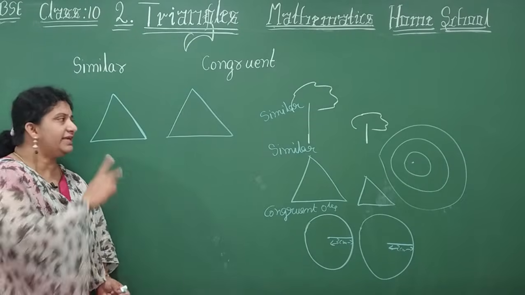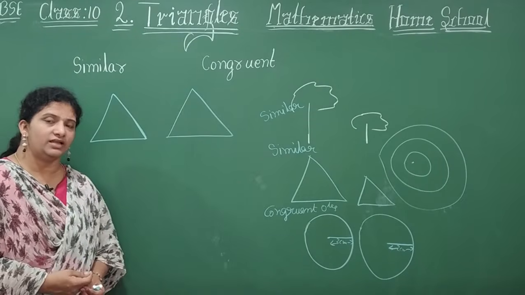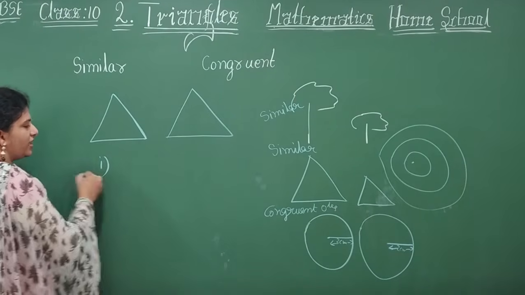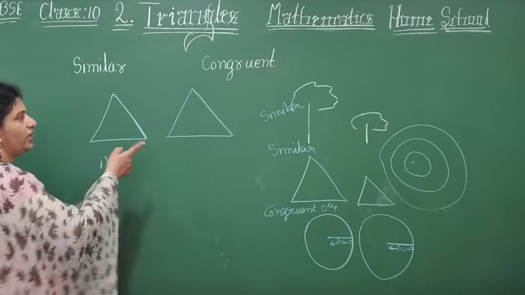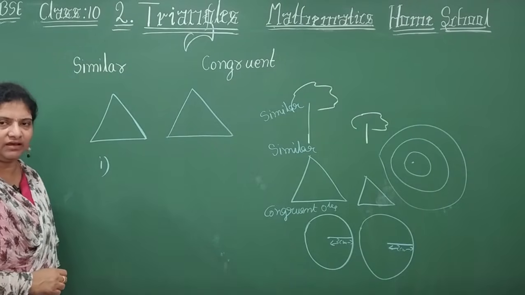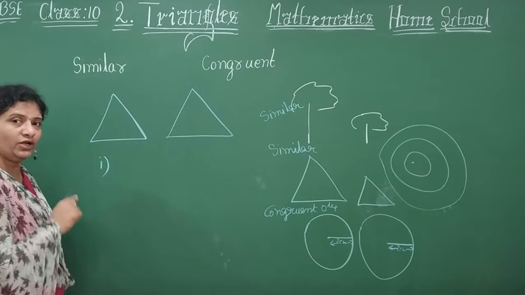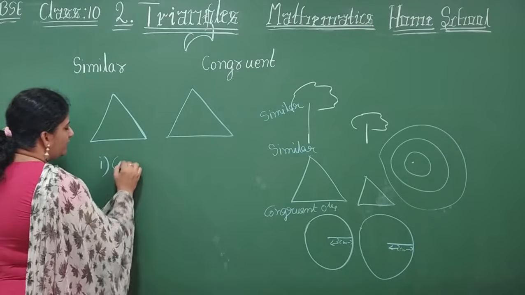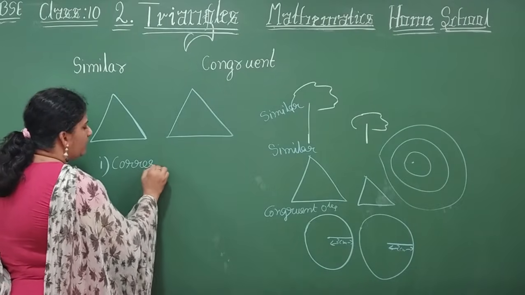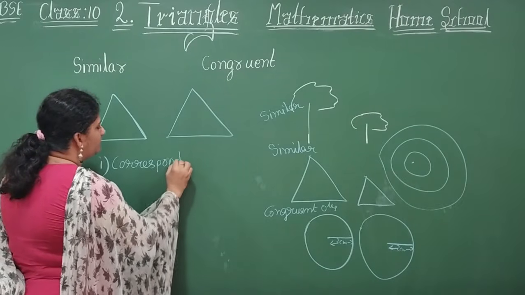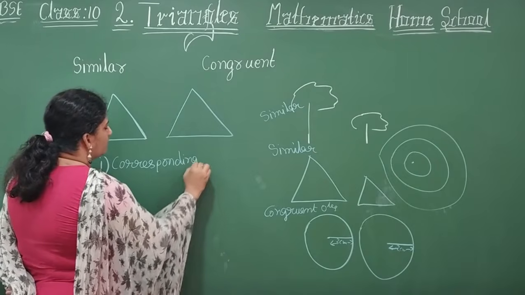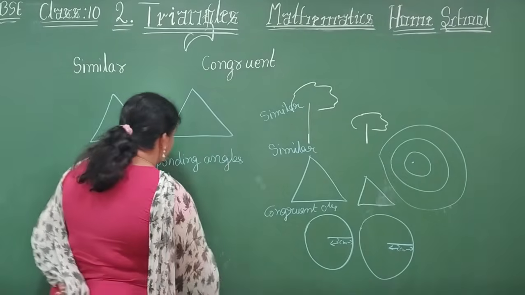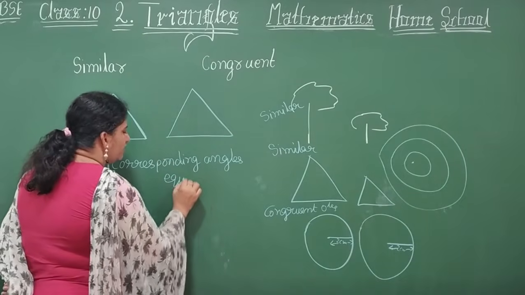When we call these two triangles similar, children, there are two rules here. What is the first rule? Looking, you can say they are similar, right? So what are those two rules? The corresponding angles must be equal.